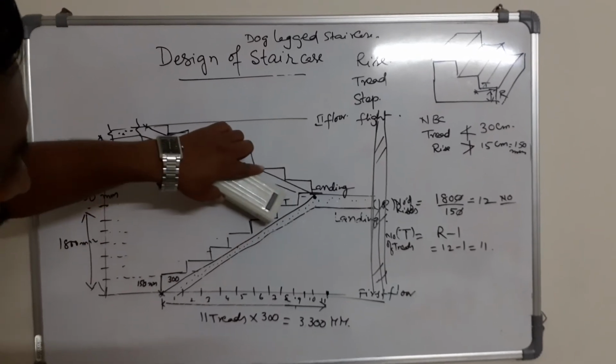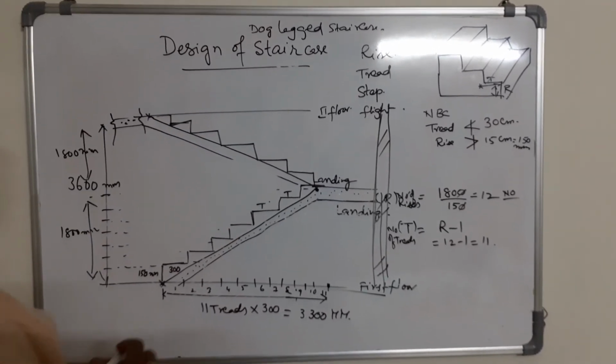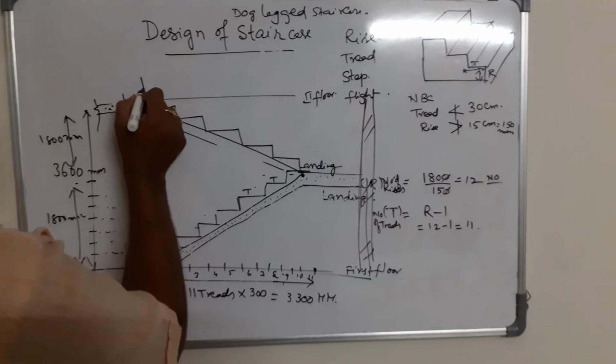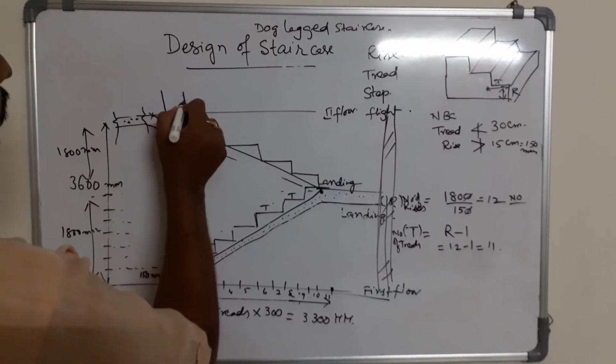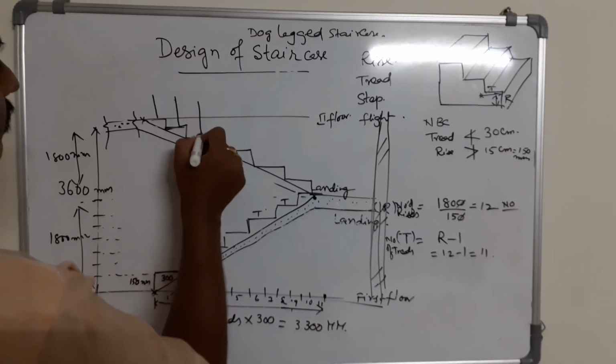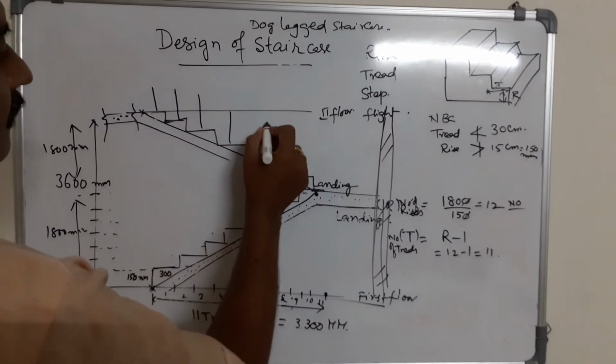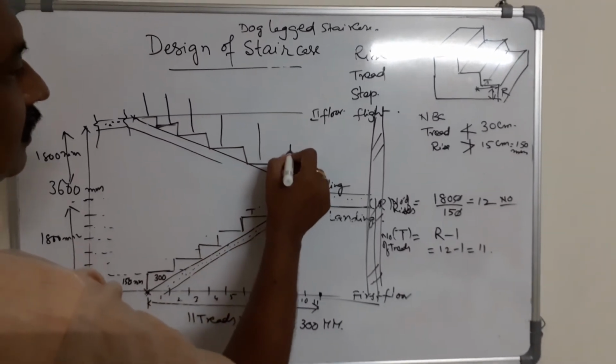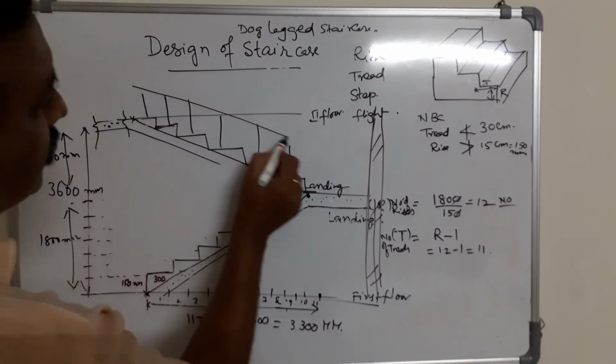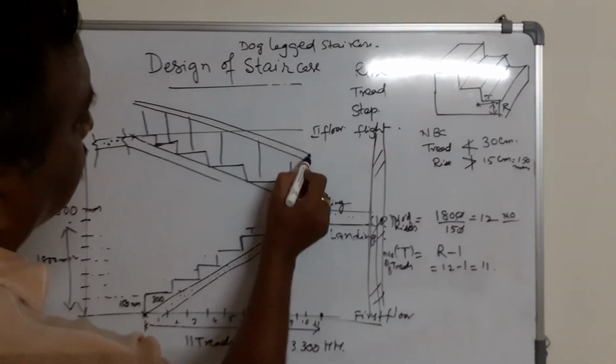Now our staircase is ready. For this, we have to provide the balusters, nothing but the vertical members which are provided for the handrail. This is called the handrail.